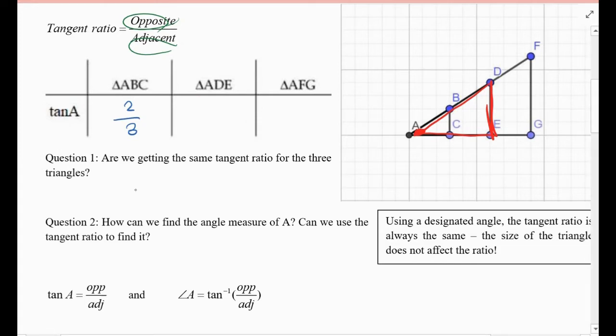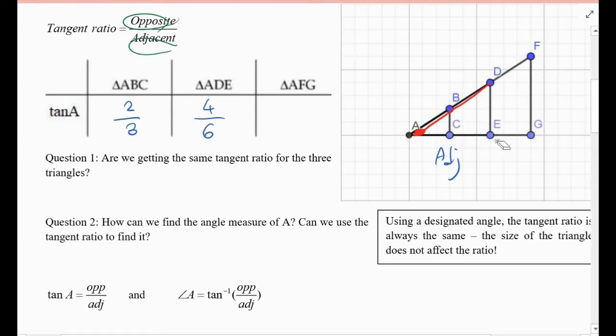So let's try this. This is the opposite over adjacent. Opposite is 1, 2, 3, 4. Adjacent is 1, 2, 3, 4, 5, 6. It's 4 over 6.